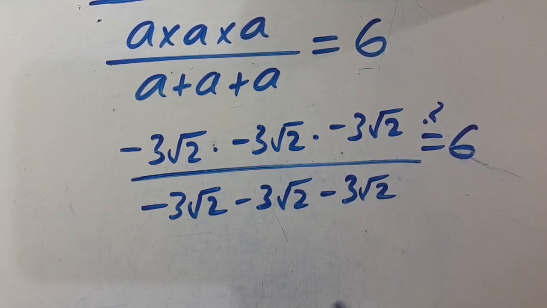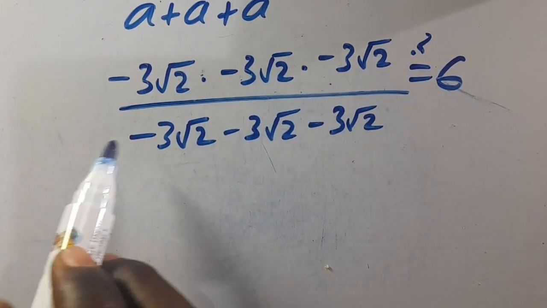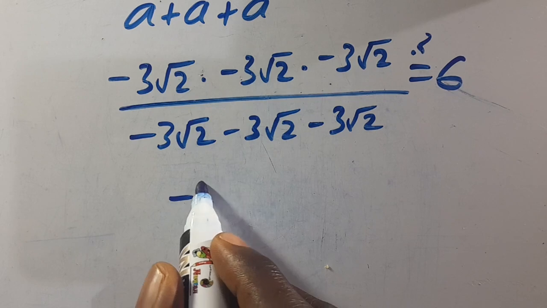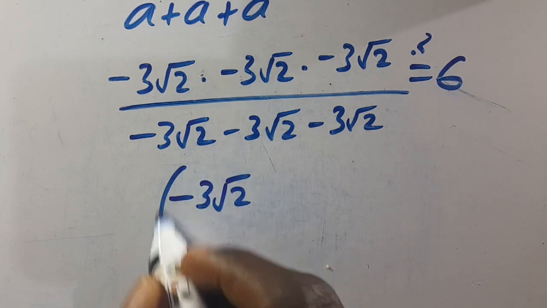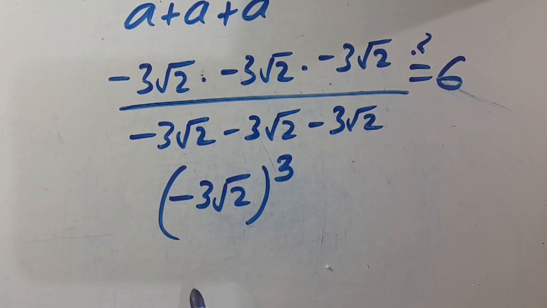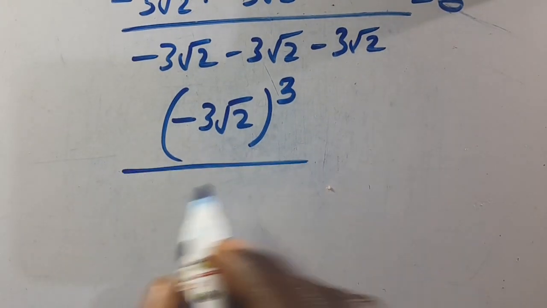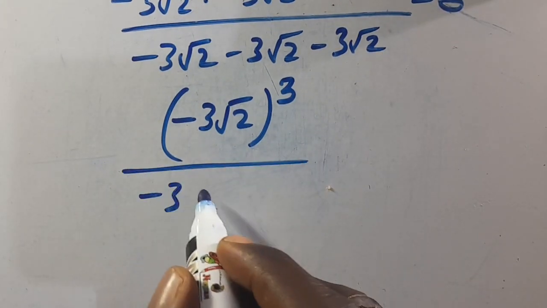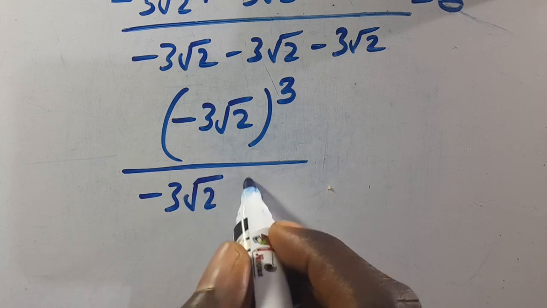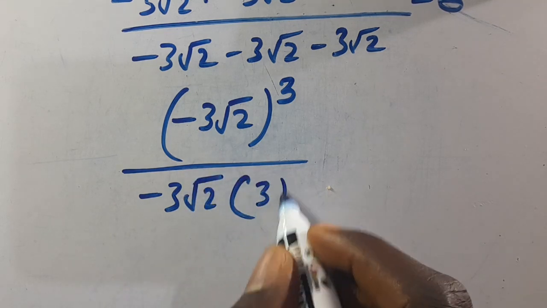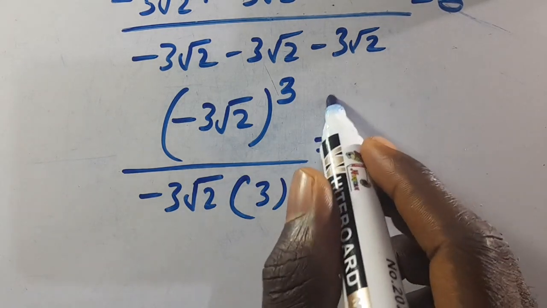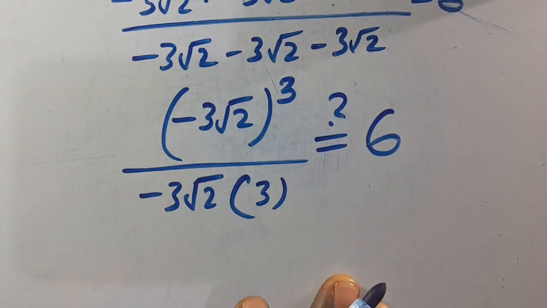Is it going to give you 6? So from here we have minus 3 root 2, all in parentheses to the power of 3, divided by minus 3 root 2 times 3. Then it's going to give you 6.